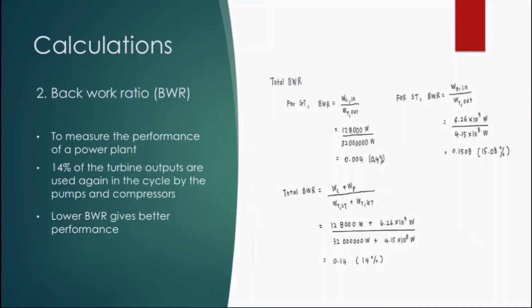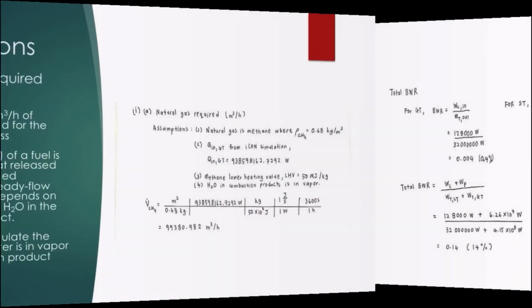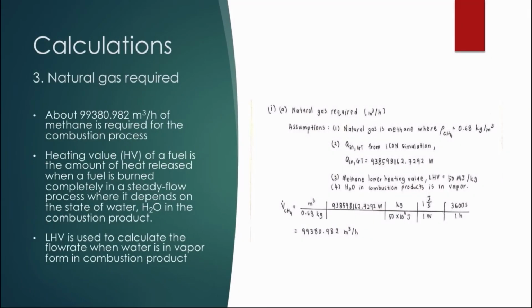A 14% backwork ratio is considered low already. For the natural gas required, we need several assumptions before calculation, using the formula Qin divided by methane density and lower heating value. 99380.982 cubic meters per hour of methane is required in the combustion process.